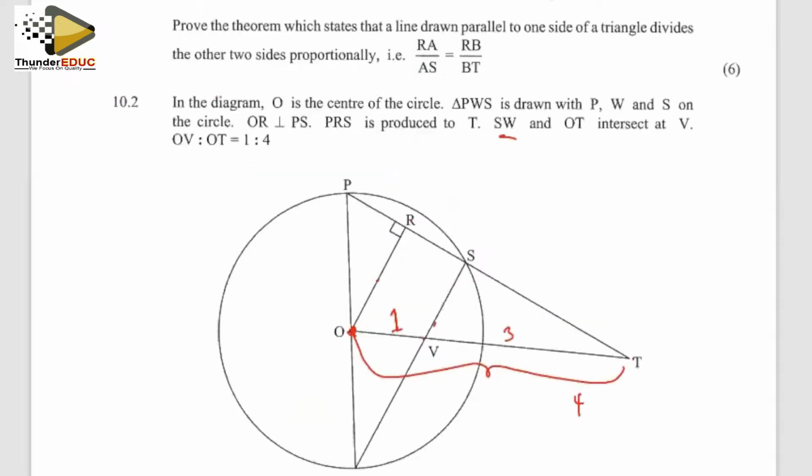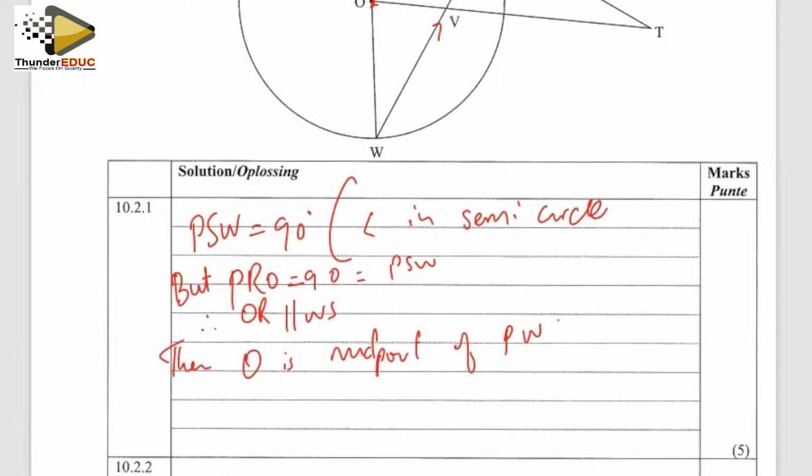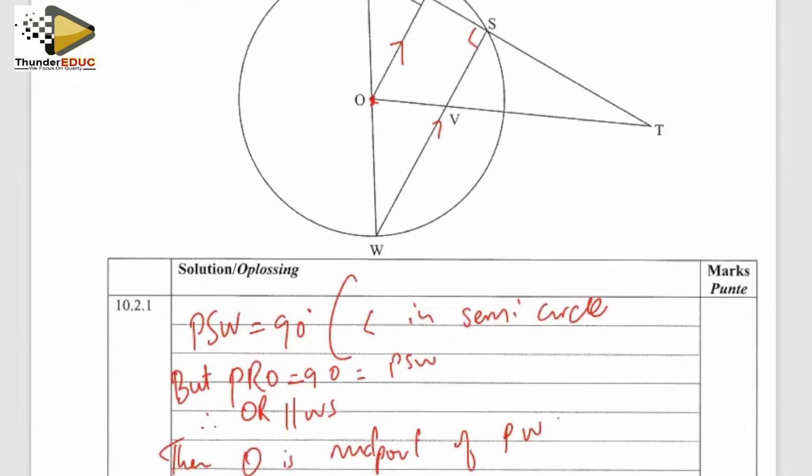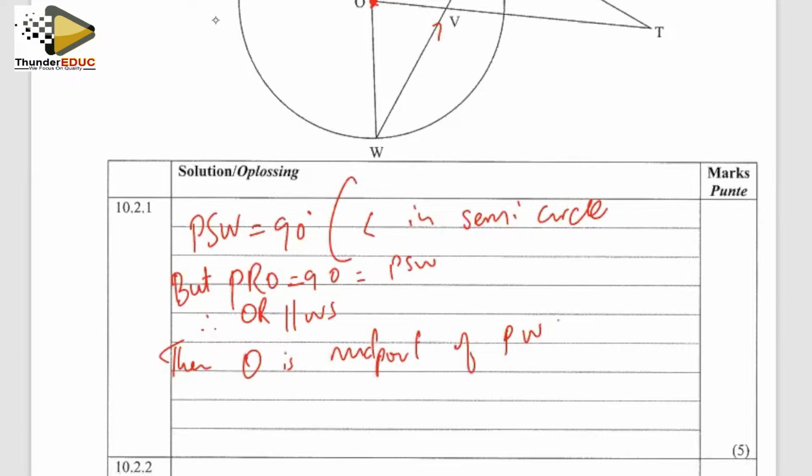Then we know that from the midpoint theorem, okay, what did that theorem tell us? That a line drawn parallel to one side of a triangle divides the other two sides proportionally. In other words, if this is a midpoint, then even this is going to be a midpoint. So we're saying that OR is parallel to that. Reason we say it will be corresponding angles, or the converse of corresponding angles.